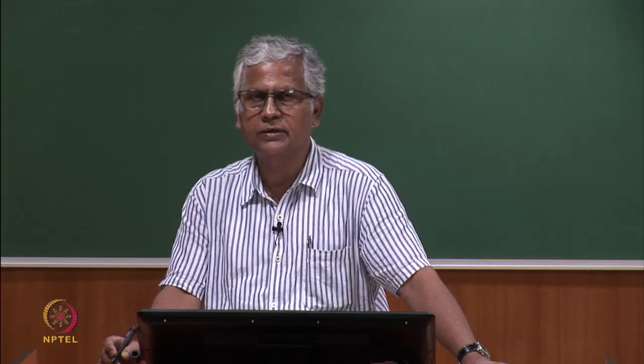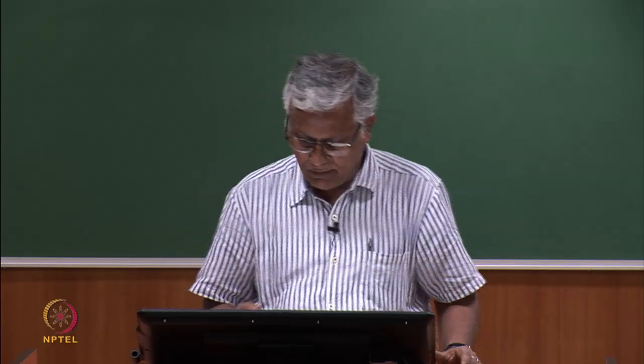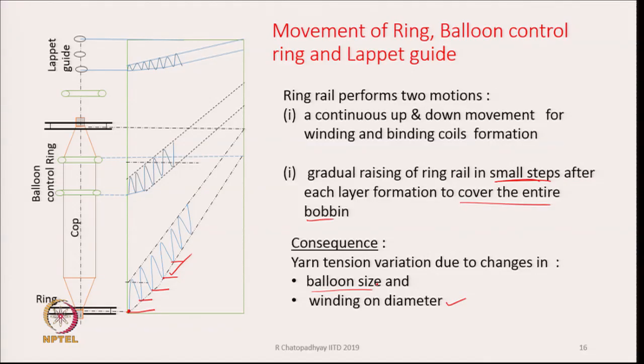We will discuss how tension is affected by the change of winding-on diameter. The balloon size also matters, because ultimately we have to rotate the loop of yarn against air, and therefore, we need some extra energy, and we need to develop some tension.